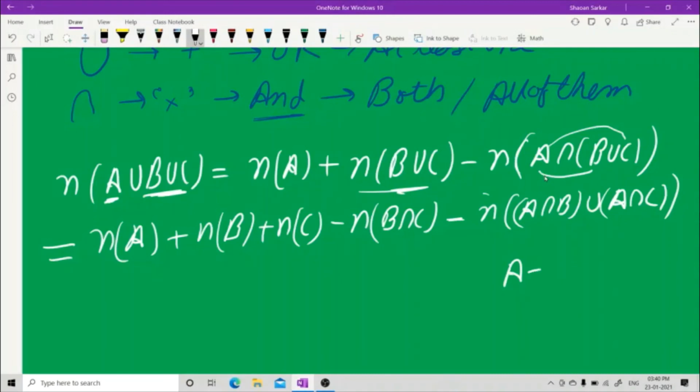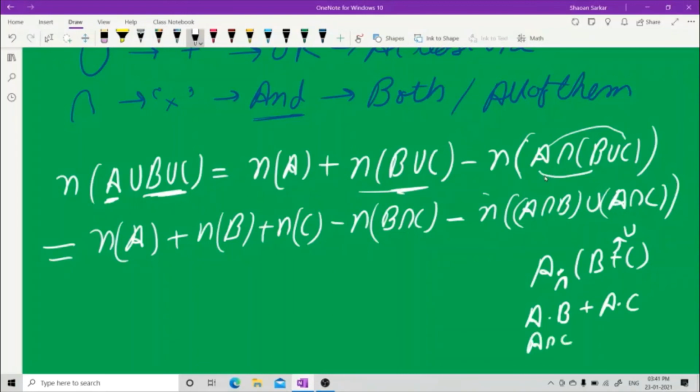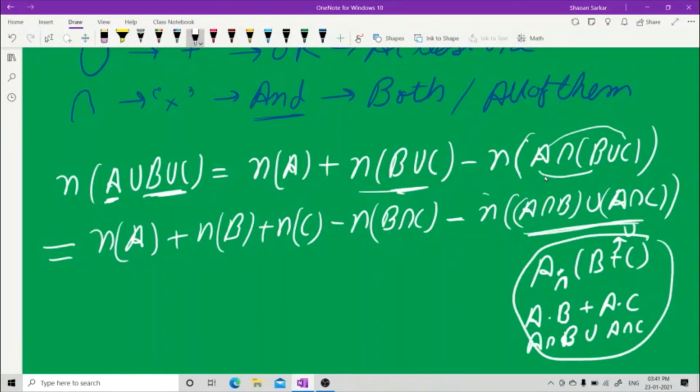This was like plus and B dot C, so I can write A dot (B plus C). So plus was behaving like union, and dot was behaving like intersection. So A dot B plus A dot C, that is, (A intersection B) union (A intersection C). I hope you understood how this has been written using the dot and plus symbols easily now.